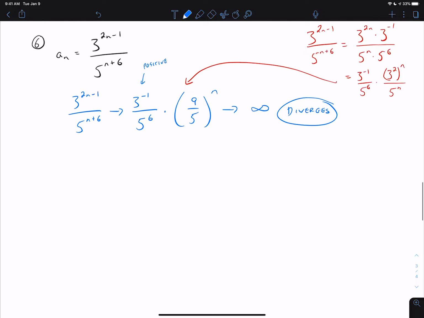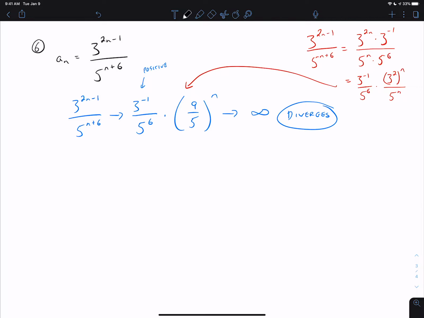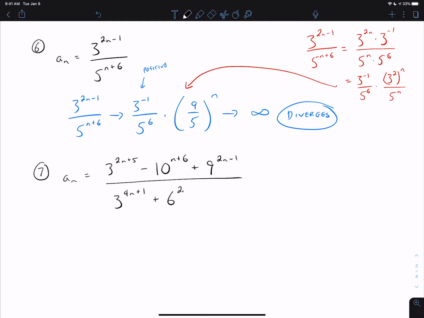Okay, let's look at another example. If I have a_n equals 3^(2n+5) minus 10^(n+6) plus 9^(2n-1), over 3^(4n+1) plus 6^(2n-5) plus 2^(5n+7).